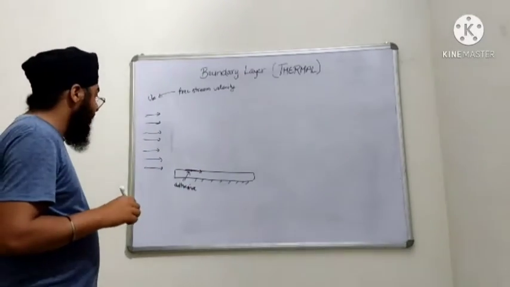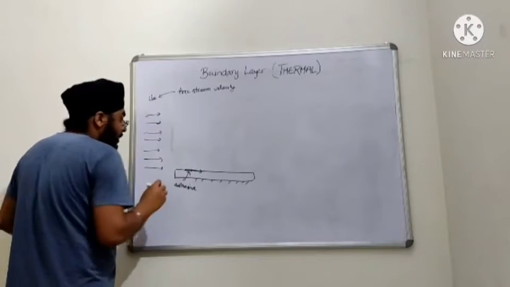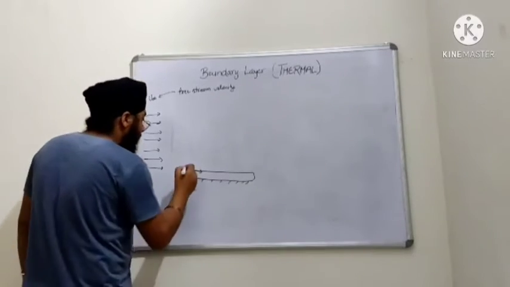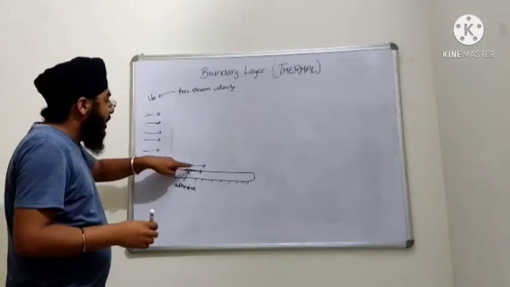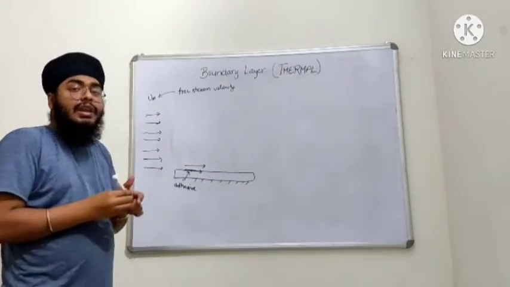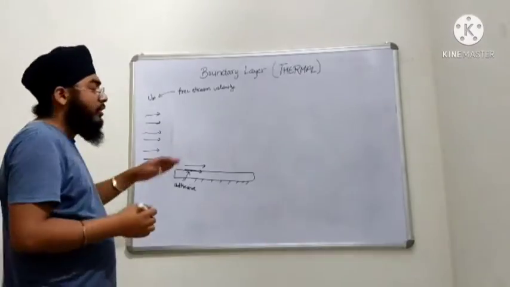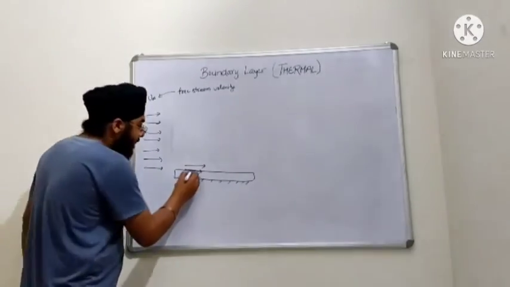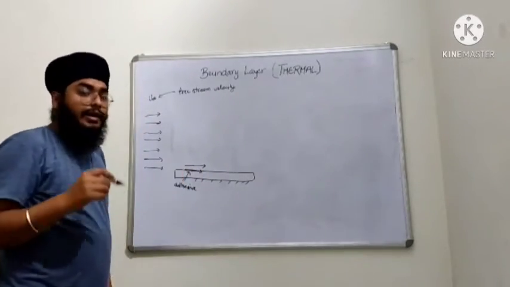Now this layer will exert a force on the second layer above it. Because of that, the velocity of the second layer will decrease to an extent, not that much, because this layer has been stopped and exerts viscous force on the second layer.